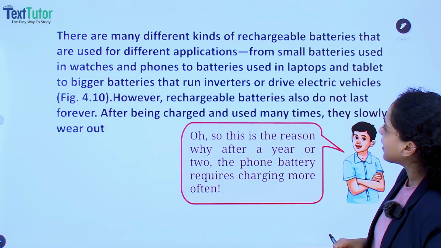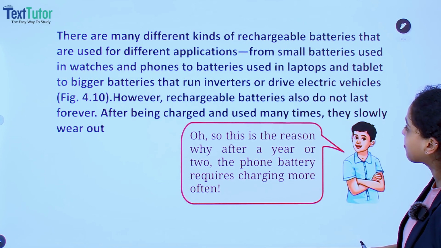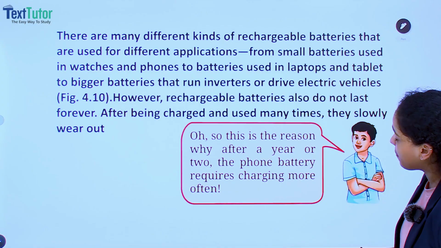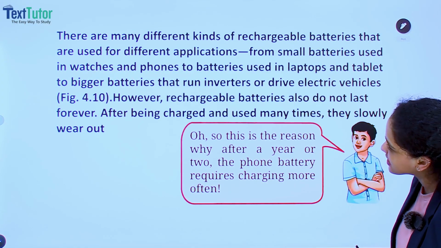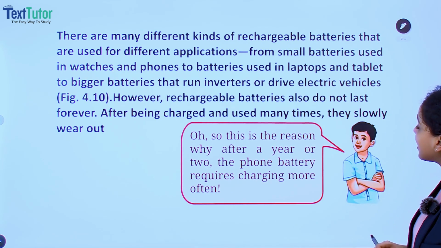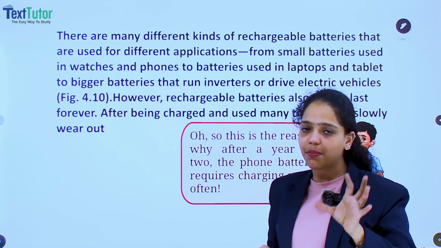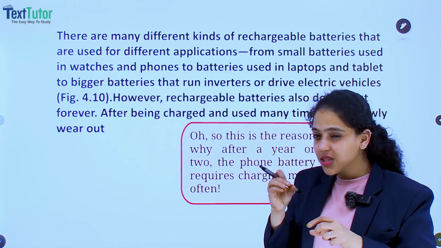Okay, there are many different kinds of rechargeable batteries used for different applications, from small batteries used in watches and phones to batteries used in laptops and tablets, to bigger batteries that run inverters or drive electric vehicles. So there are different types of batteries. Button cells you can see in watches, toys, or small devices.